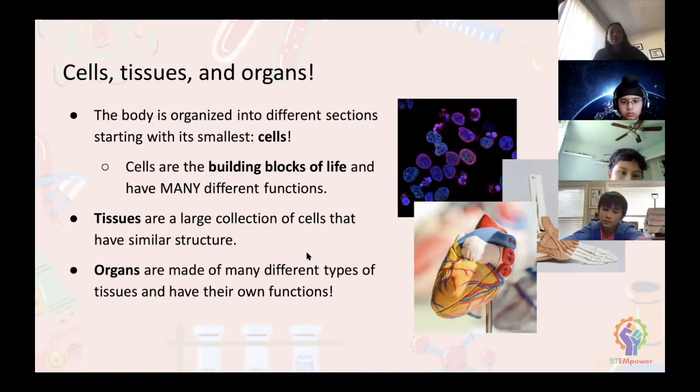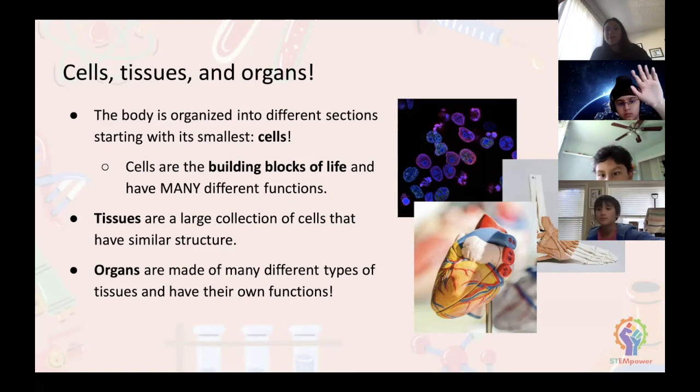So to prove this, let's name off some organs. So we have the heart, we have the brain, we have the tongue. Does anybody want to tell me what the heart does? Go for it, Nikhil. It pumps blood to all the parts of the body. Yes, perfect. Okay, so then somebody tell me what the brain does. Go for it, Maskeen. It controls the whole body.